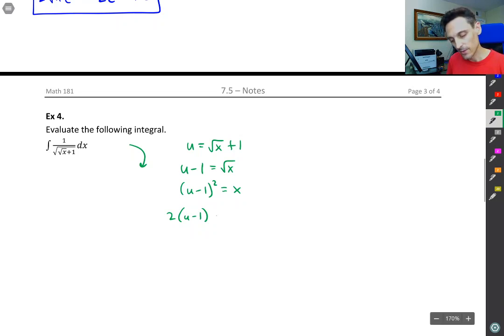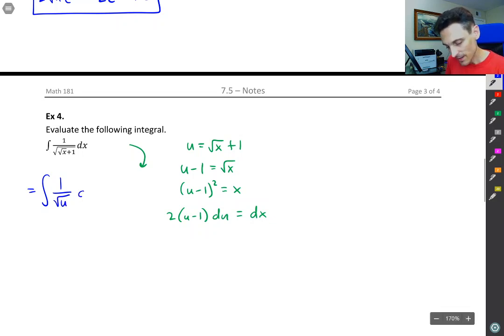So we'll have 2 times the quantity u minus 1 du equals, and on the right side, since we already solved it for x, we get just dx on the right side when we take the derivative. So this is great. Let's take that then and make our replacements. We have 1 over the square root of u times 2 times quantity u minus 1 du.